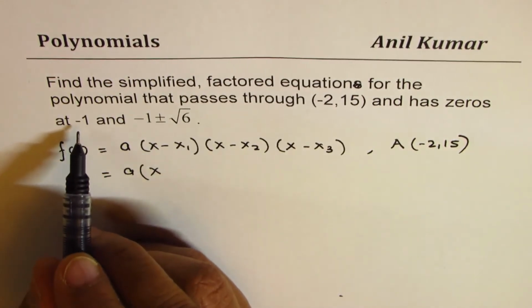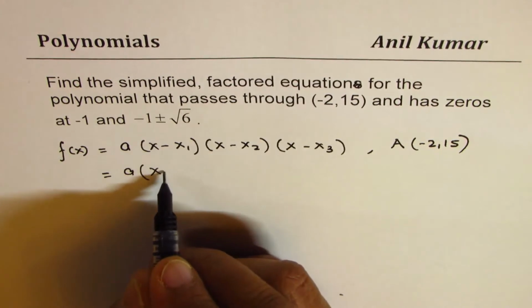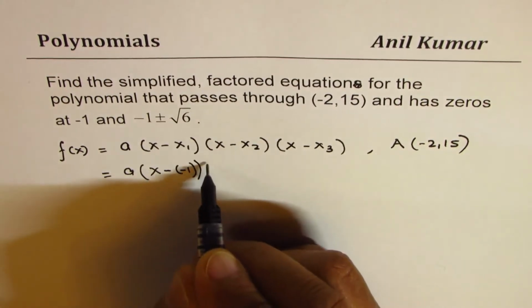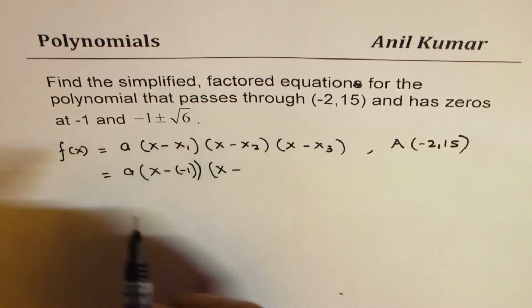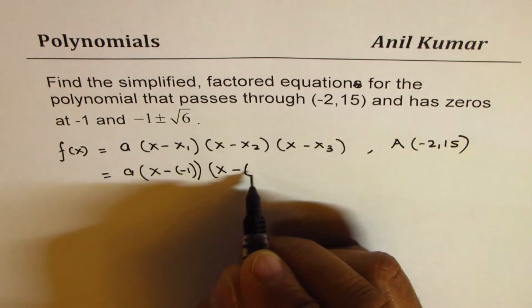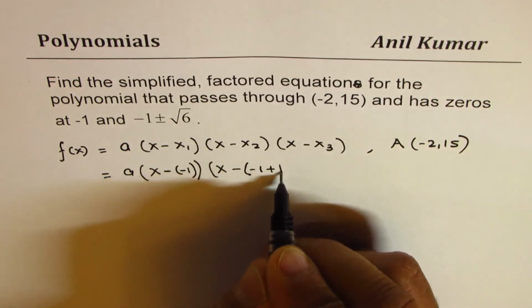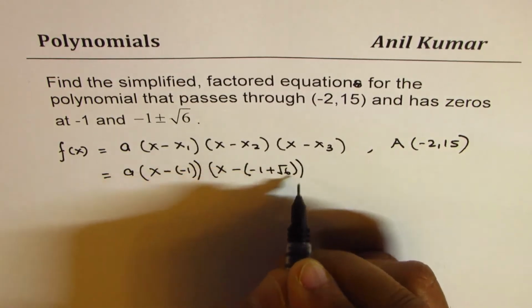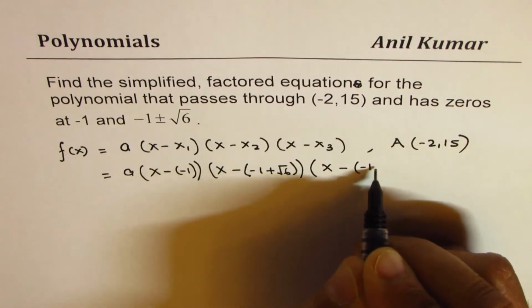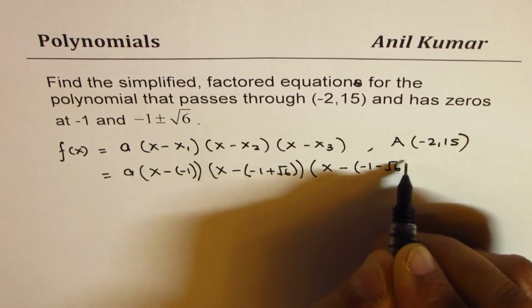So let me write down these roots. x1, first root is at minus 1, right? So we'll have x minus minus 1. Second, x minus x2. So we have two roots here. Let me put them in other brackets, which is minus 1 plus square root 6. And then this one will be x minus minus 1 minus square root 6.